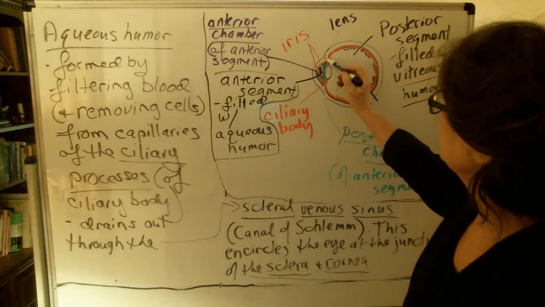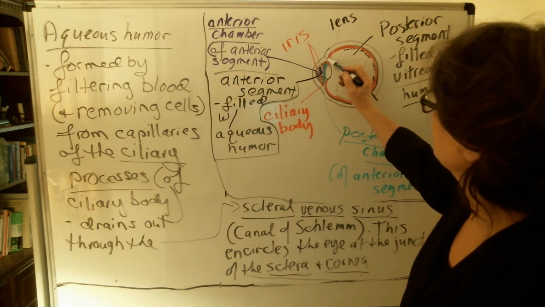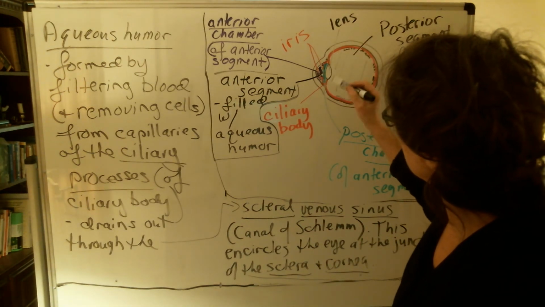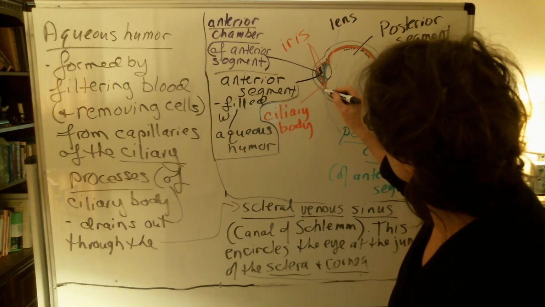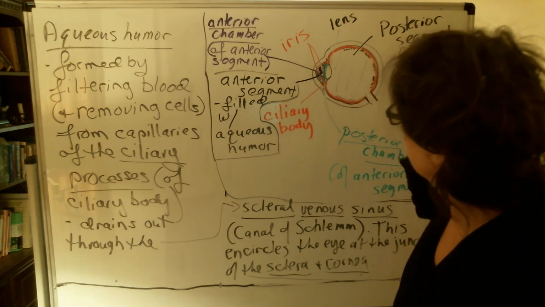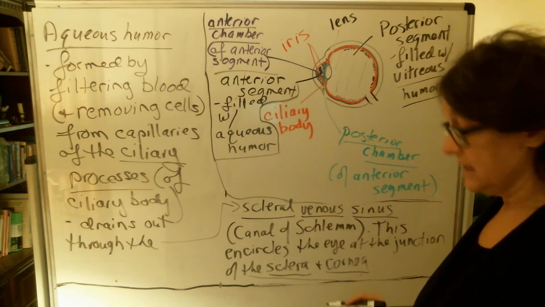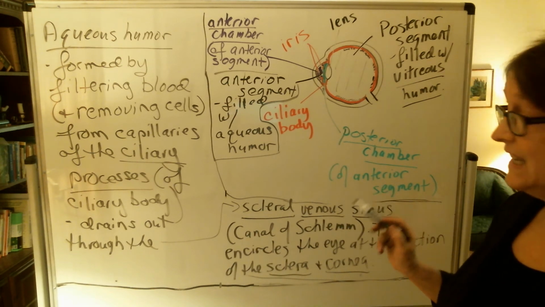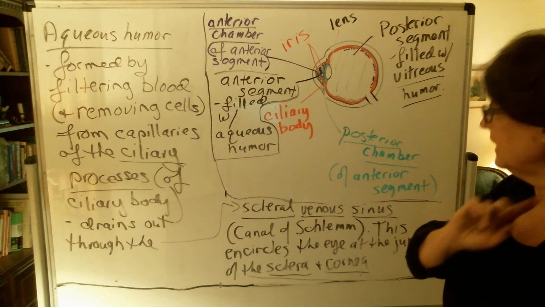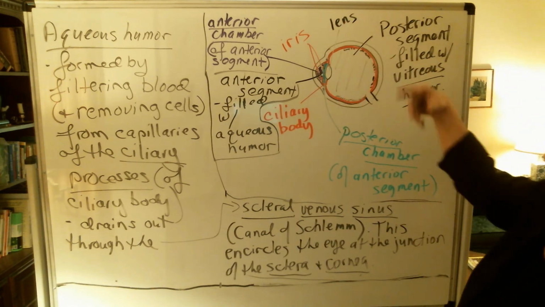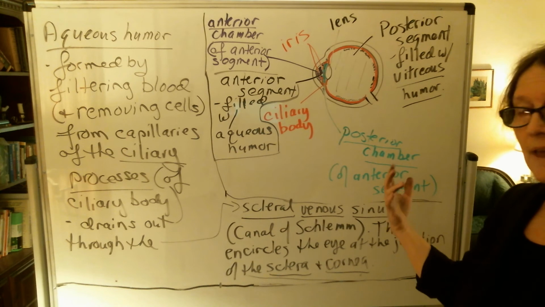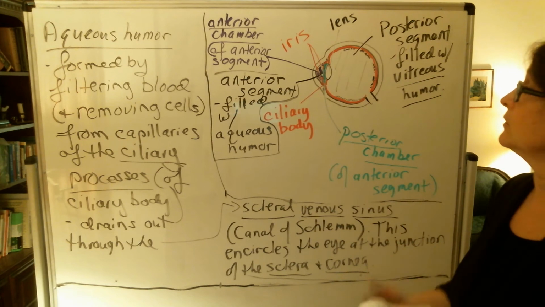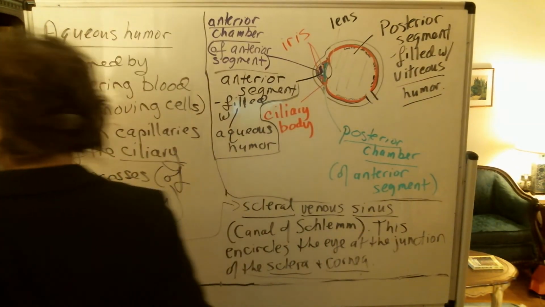You know where the cornea is, that's here. So at roughly this level here and here is where you are going to find the scleral venous sinus, and it encircles the eye, and this is what allows the aqueous humor that is constantly being made to drain out of the anterior segment.